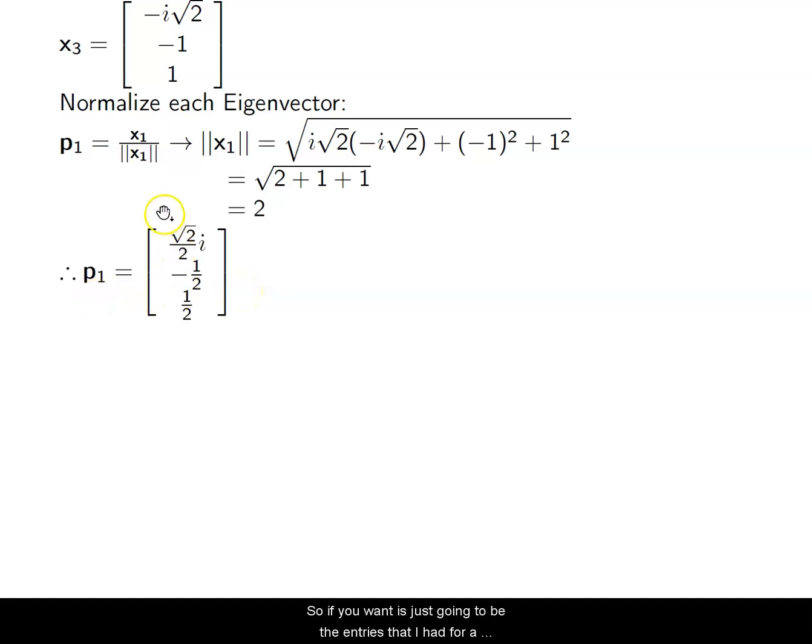So P1 is just going to be the entries that I had for x1, which is root 2 over 2i, negative 1/2, 1/2. That means that x3 is easy to find. I just have the exact same thing because its length is going to be the same. The vector is almost identical.